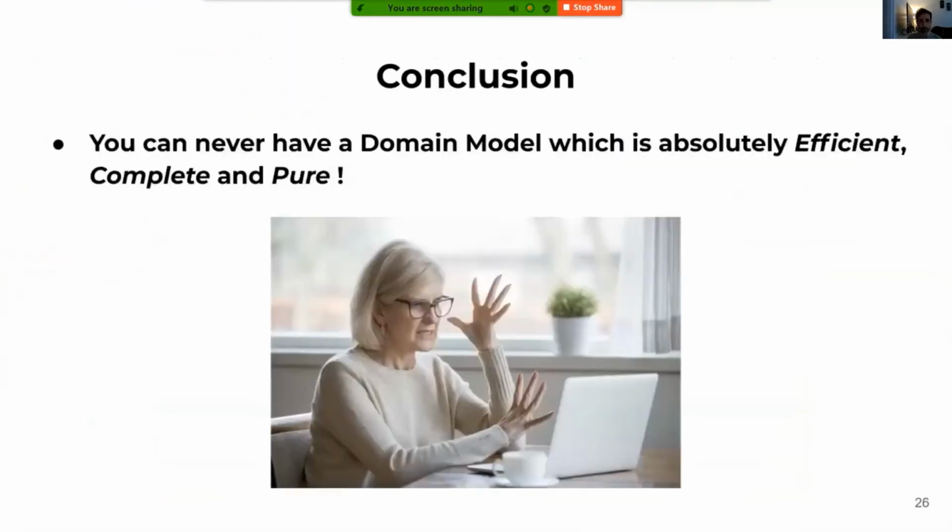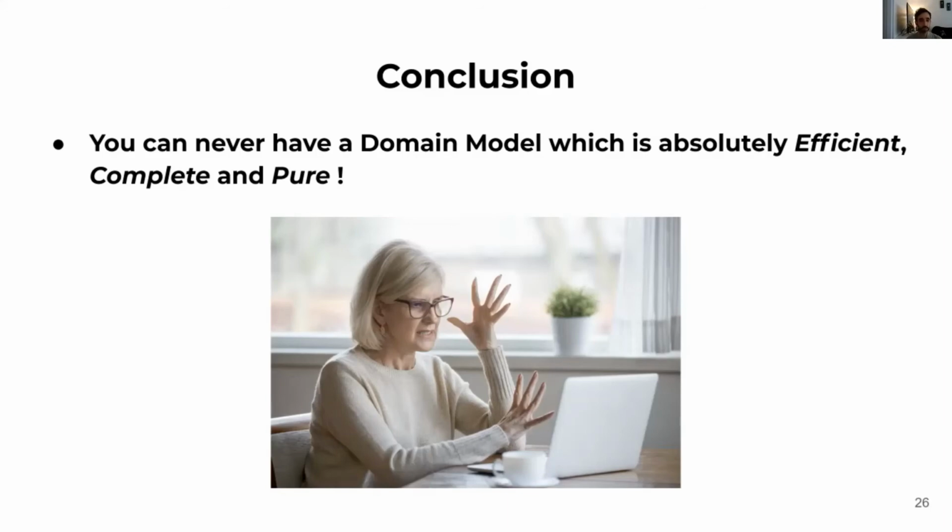So the conclusion is that you can never have a domain model which is absolutely efficient, complete, and pure. You should always choose between these 3 factors: efficiency, completeness, and pureness. You can just take 2 of them. You can't take all 3. And for each of these cases, you have some advantages and some problems.